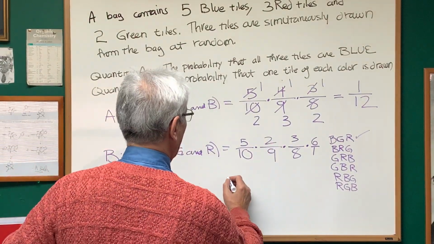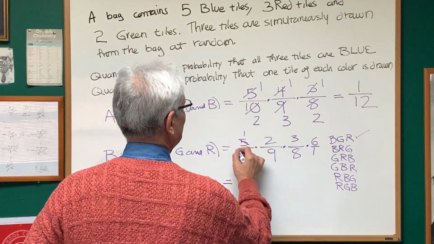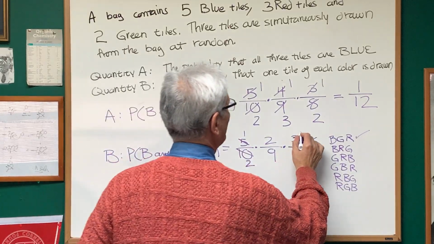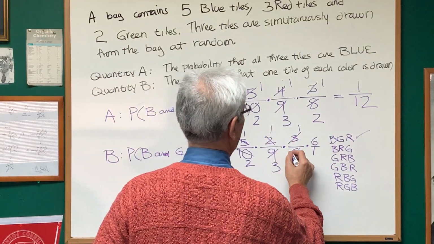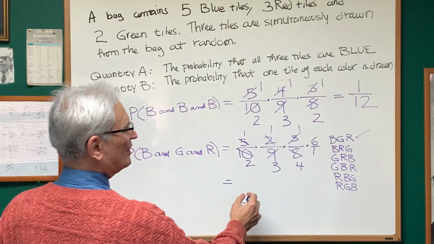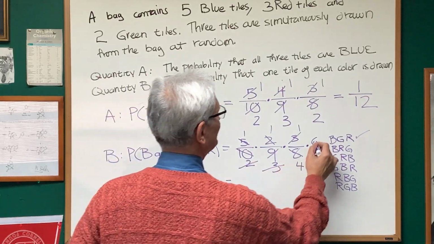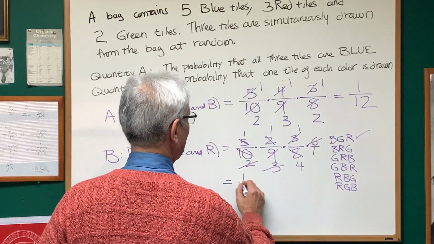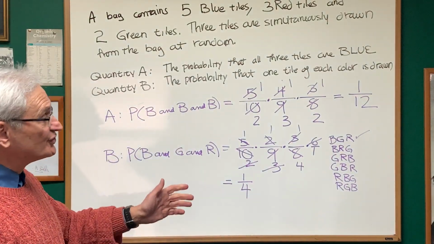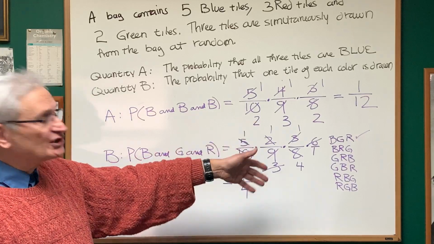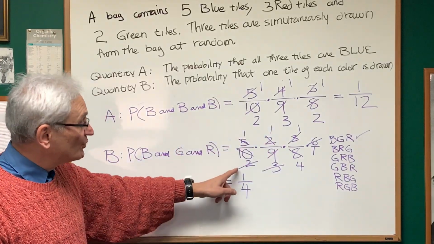Okay, let's simplify this. 5 goes into 5 once, into 10 twice, 3 goes into 9 3 times, 2 goes into 8 4 times, and what do we have? 2 times 3 is 6, and that cancels with that, and we get 1/4. So the probability of choosing one tile of each of a different color in any order is 1/4.